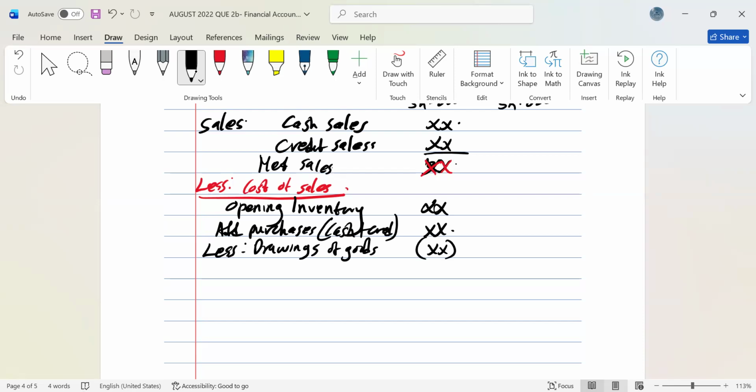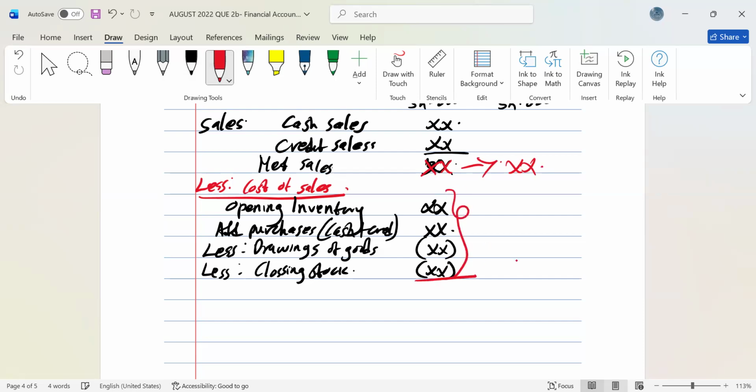Then we also less closing stock. So whatever we get is what will be our cost of sales. Remember, this figure will be taken here. So whatever we get as the answer in this case will now be our figure here.